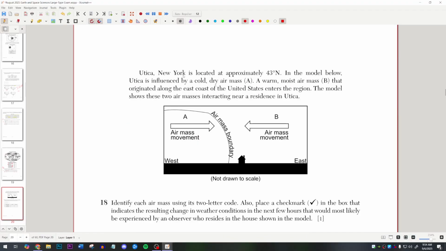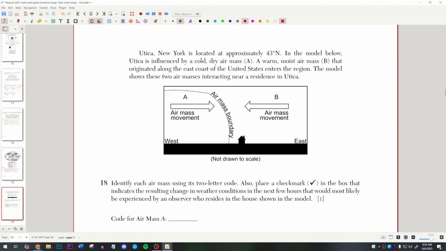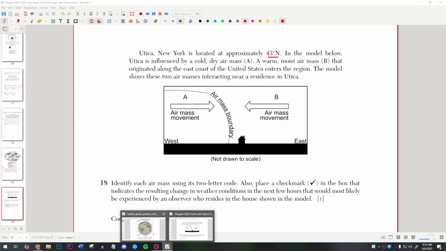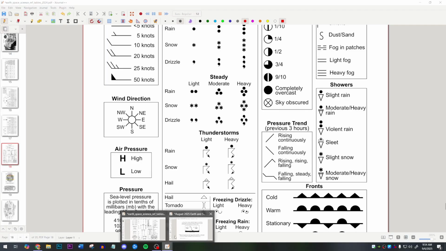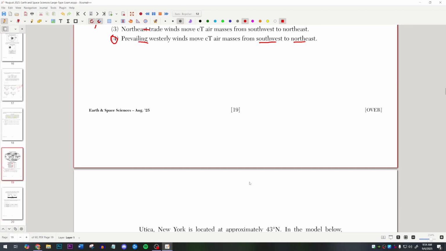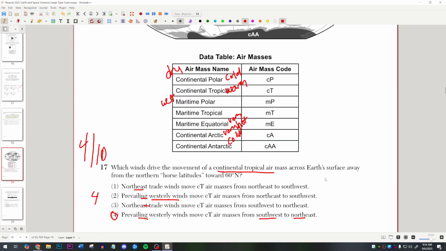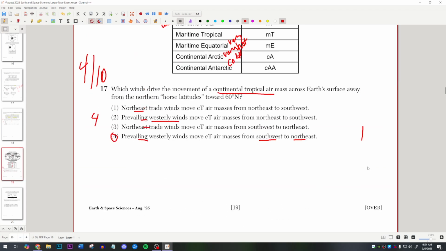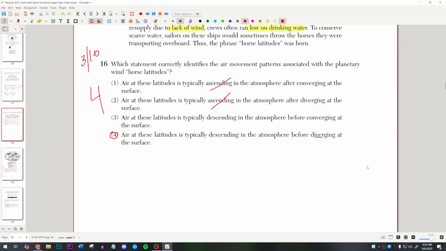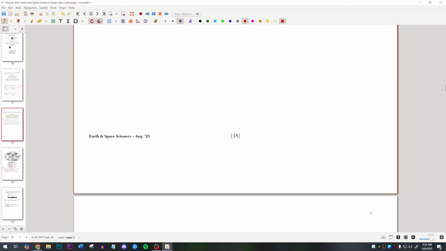All right. Utica, New York is located approximately 43 degrees north. Okay, so right now I'm going to the reference table. Let's actually, I just want to keep track somehow. So far, we got 2 reference table questions. We got 1, and then this one was 2. 2 reference table questions.